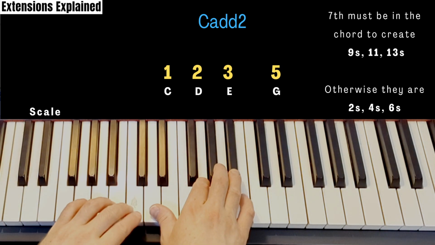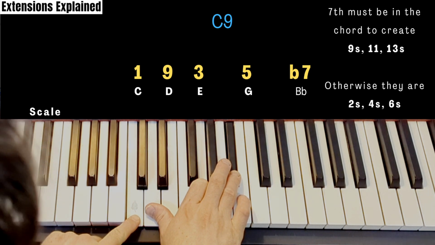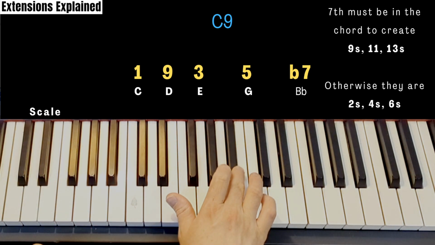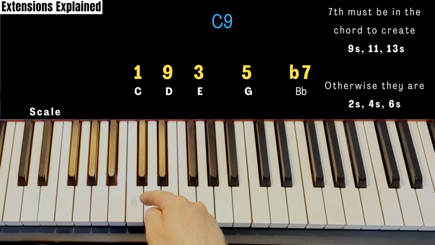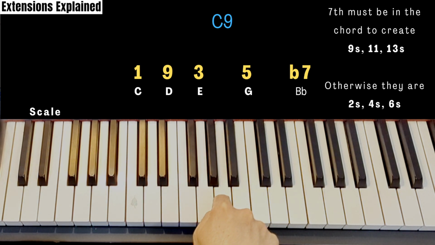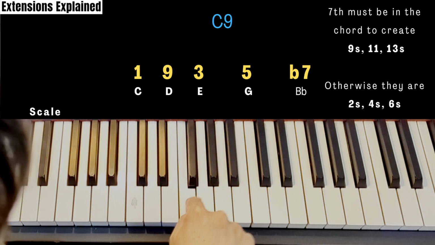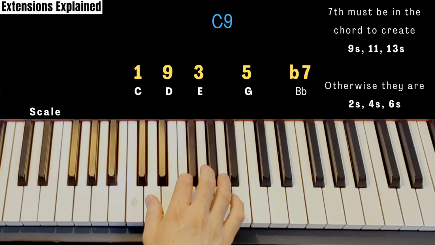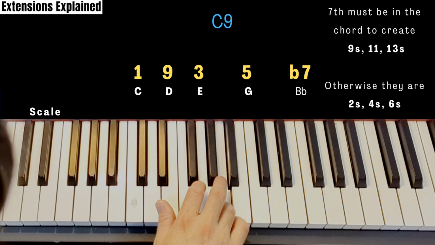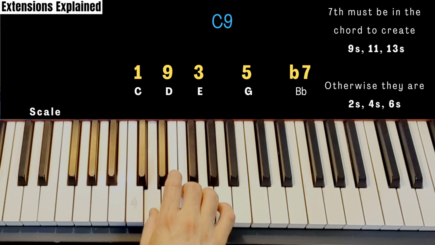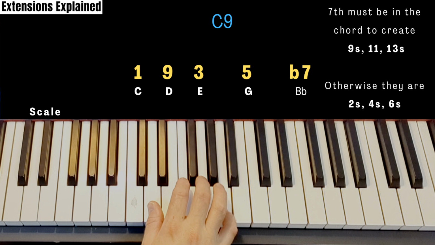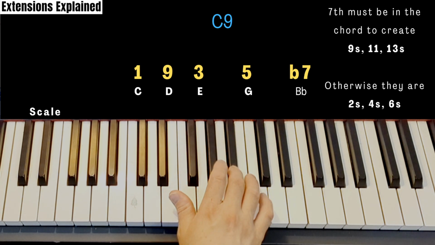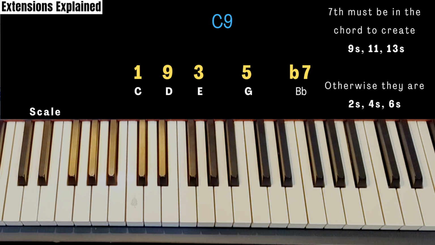If the 7th is in the chord, it becomes a C9. So it's the 7th that makes these 2, 4, 6s into 9, 11, and 13s. So they are essentially the same notes, 2, 4, 6, but they're also 9, 11, and 13, depending on whether the 7th note is in the chord.